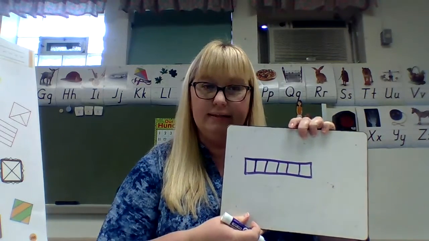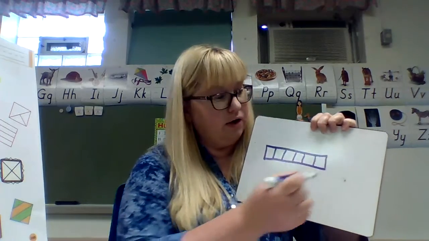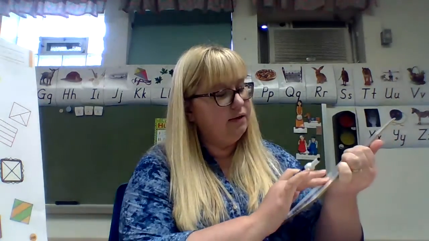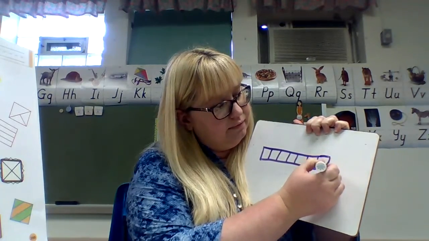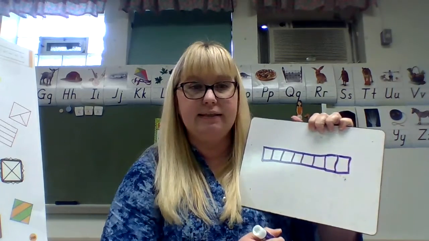Okay, this is on your test. They want you to draw 2 more squares longer. So you're just going to draw me 2 more squares. That's it, done. That's the main part of your chapter review test for tomorrow.